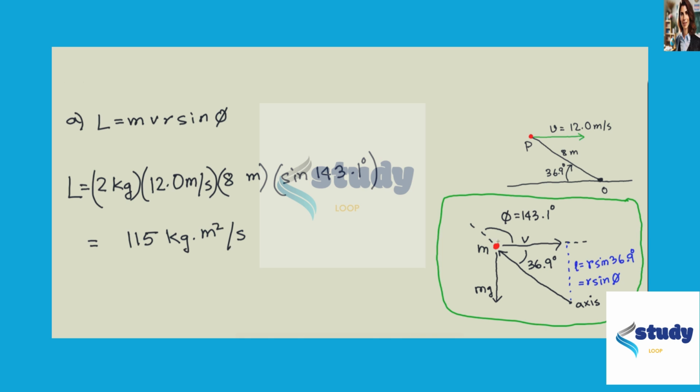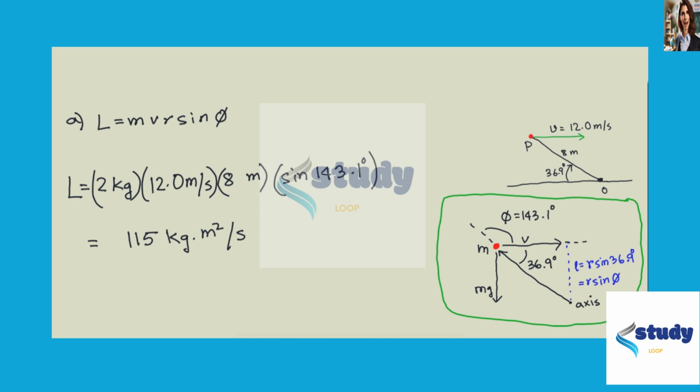So that means this angle right here, we call it phi, should be equal to 180 degrees minus 36.9, which is 143.1 degrees. Now we'll talk in a second about what this part means, but let's see what we need to do to find the angular momentum. We know angular momentum is m v r sine phi, where phi is basically the angle between the radial vector and the velocity.